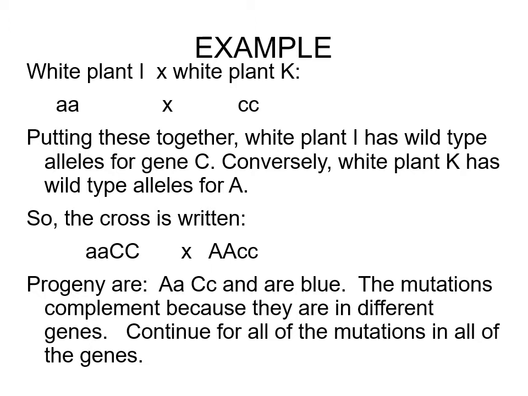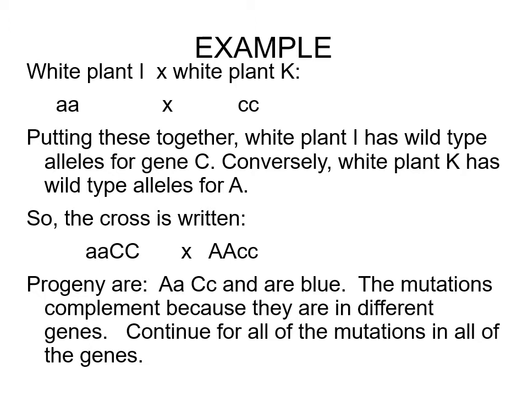So we write this cross as little a, big C, times big A, little c. The idea is that the white plant, little a, has the wild type alleles of gene C, and if you're going to cross with a plant involving gene C, you have to put in the wild type alleles. So you have to have the alleles for both genes that are under consideration in writing any cross.